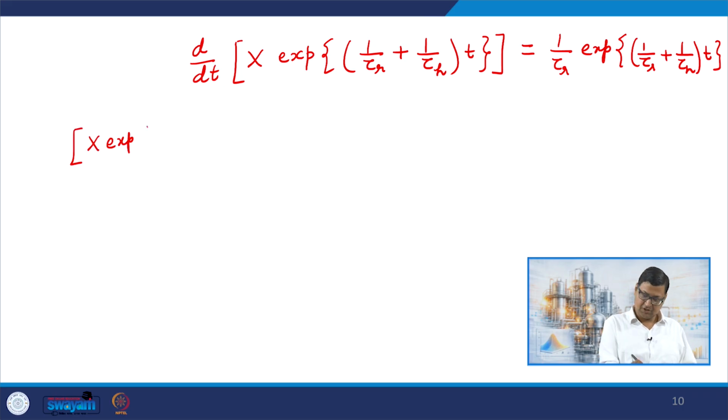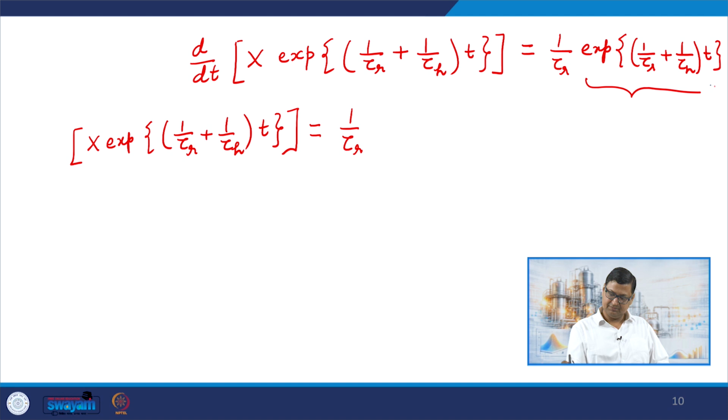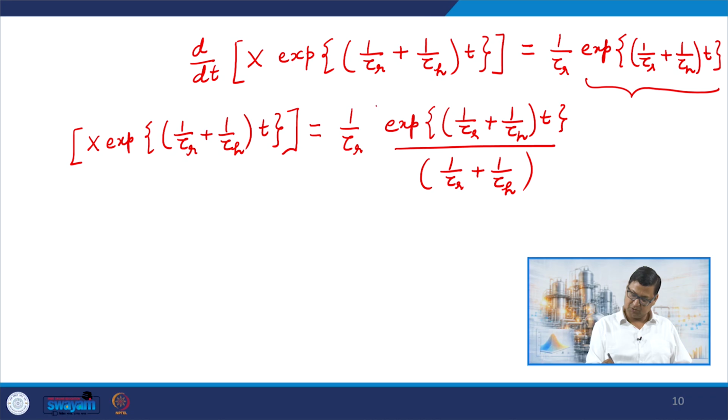So on the left hand side, we have this integration. The upper limit gives me this quantity, and the lower limit will correspond to a conversion of 0. The lower limit will be 0, and that will be 1/tau_r, and the integration of this quantity will give me exponential of (1/tau_r plus 1/tau_h) t divided by (1/tau_r plus 1/tau_h), and this has to be between the limits 0 to t.